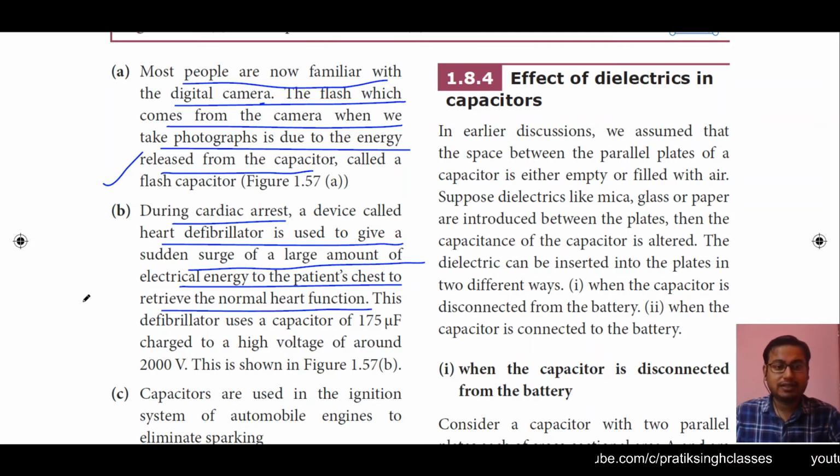If, in time, the doctor gives a huge shock of energy, the malfunctioning heart starts working in a normal way. That is happening because of the capacitor. This defibrillator uses a capacitor of 175 microfarad charged to a high voltage of around 2000 volts. This shock can even lead to the death of a healthy person.